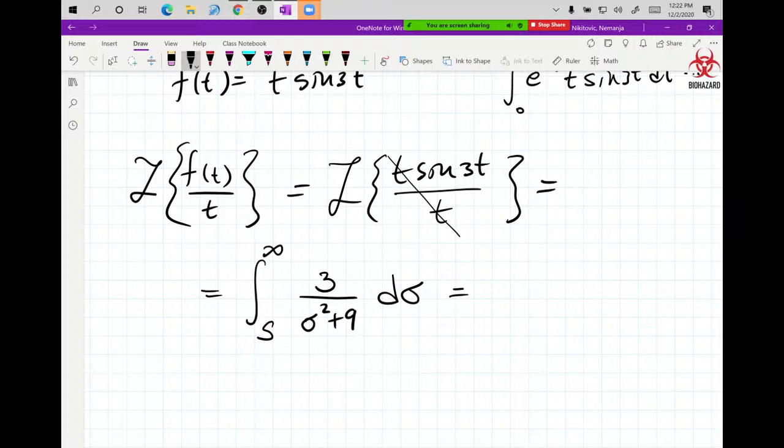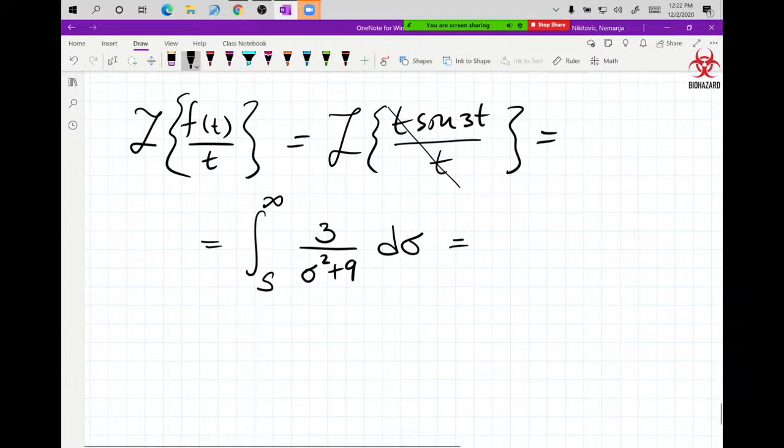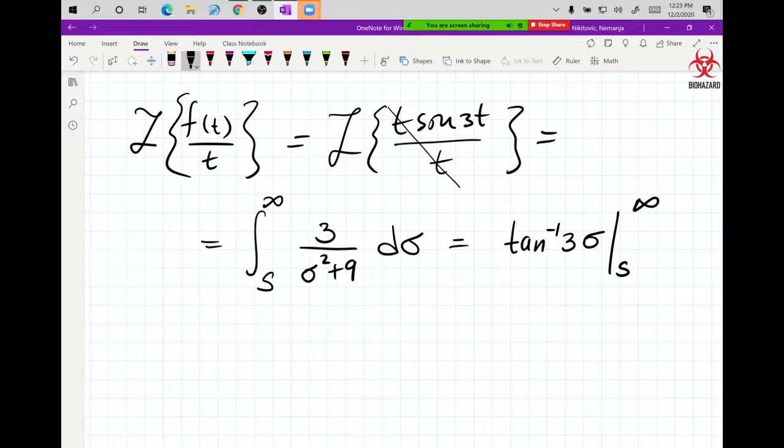And you just solve this integral instead. Now this integral is the basic inverse tangent integral. So that's inverse tangent of 3 sigma from s to infinity.